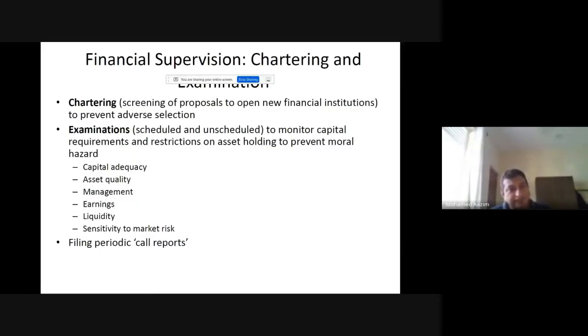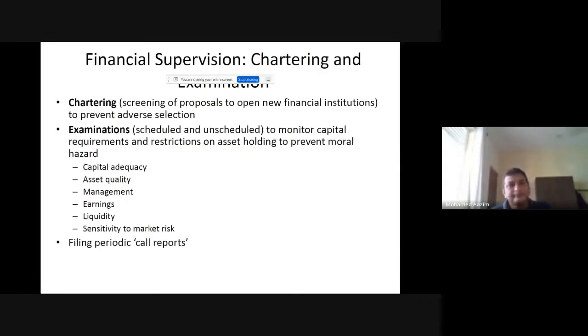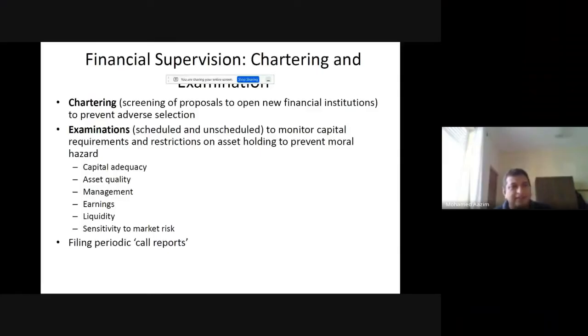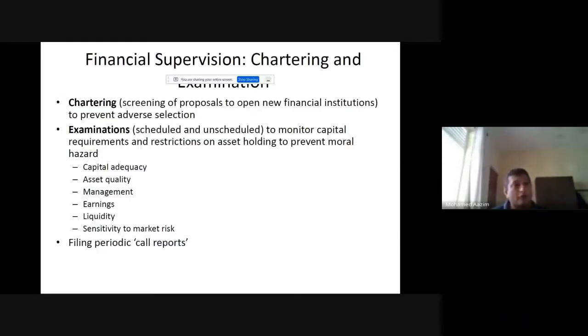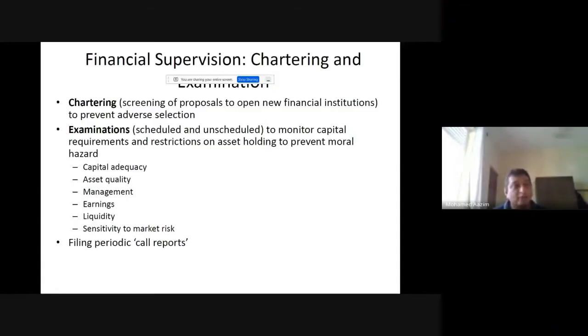With those changes, prices of the assets also change. So the capital adequacy requirements, the risk-weighted capital adequacy numbers, also change. Asset quality changes. Maybe a good asset in your portfolio, with a change in interest rates, becomes a bad asset. A change in exchange rate could make it a bad asset.